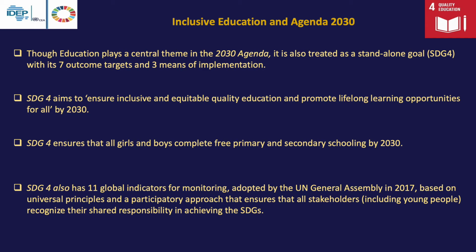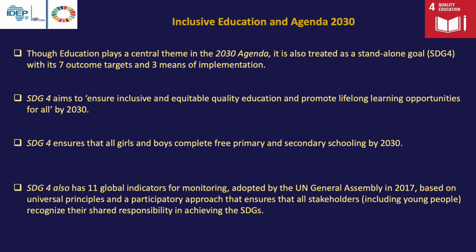So, in a nutshell, SDG 4 aims to ensure inclusive and equitable quality education, promote lifelong learning opportunities for all by 2030. It also ensures that all girls and boys complete free primary and secondary schooling by 2030. This is a dream for Africa, and we need to work towards achieving this.